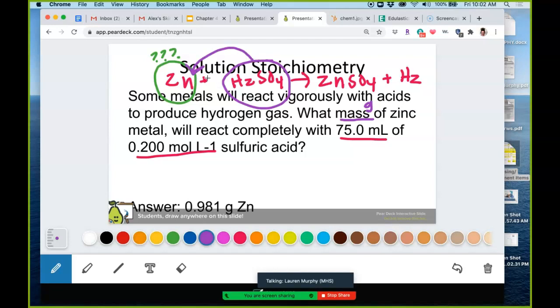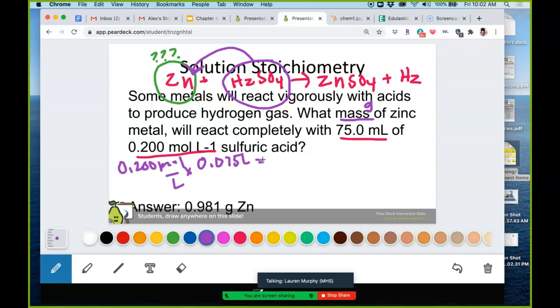And the way you jump around in a chemical reaction is mole to mole ratios. Now you can't do mole to mole ratios unless you are in moles. But the molarity and my volume will allow me to get moles. So 0.200 moles per liter times, remember this has to be in liters, 0.075 liters.